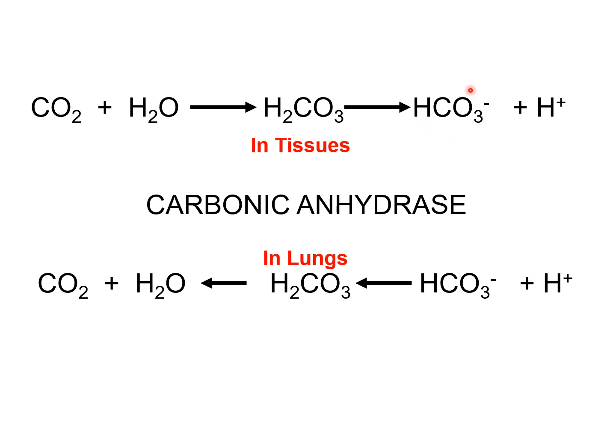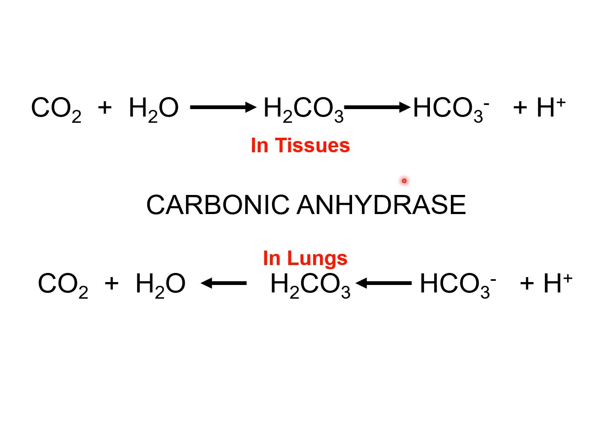And this is the transporter that will accumulate in the plasma. So this is our major carbon dioxide transporter. Thanks to the speedy action of carbonic anhydrase, this change occurs lightning fast. So carbon dioxide is changed into bicarbonate in the blood that is going through the tissues.